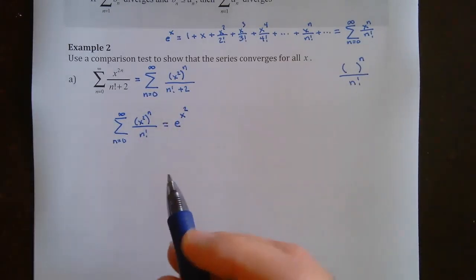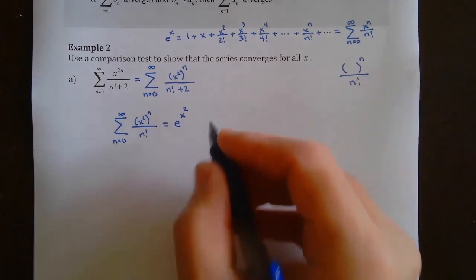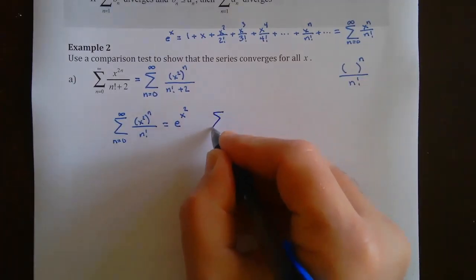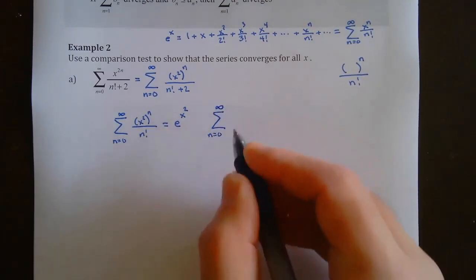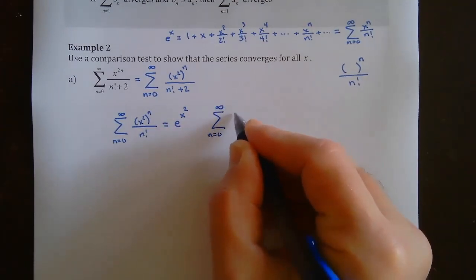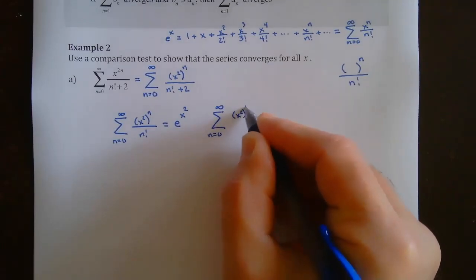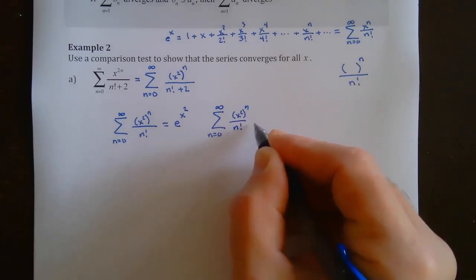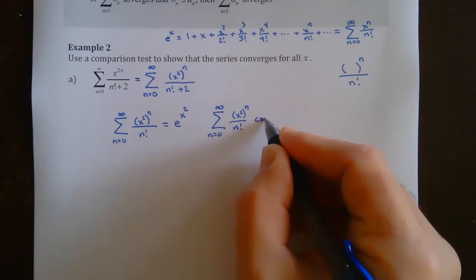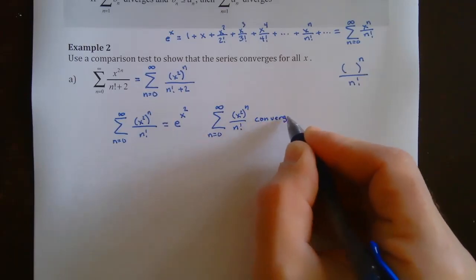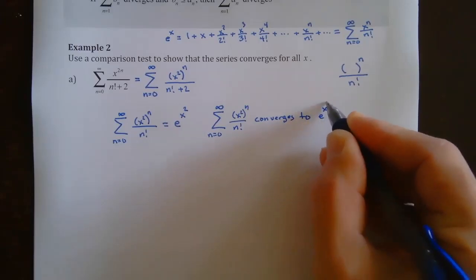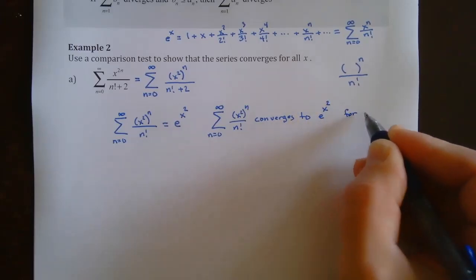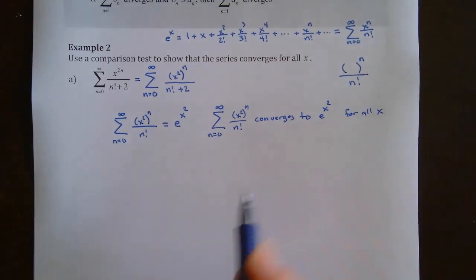So what that means is it converges, right? Sigma n equals 0 to infinity x squared to the n over n factorial converges to e to the x squared for all x, because e to the x converges for all x.